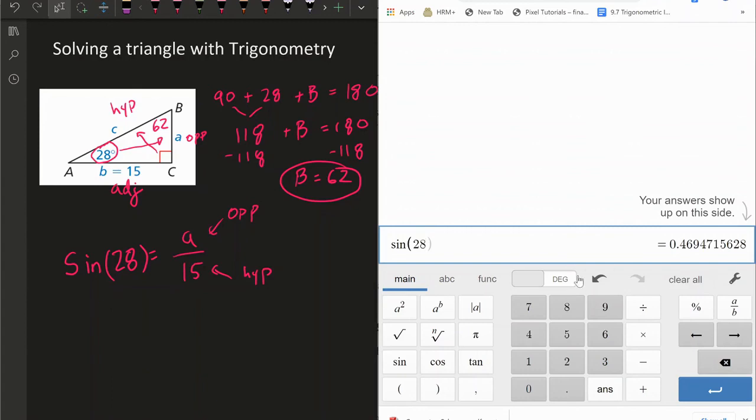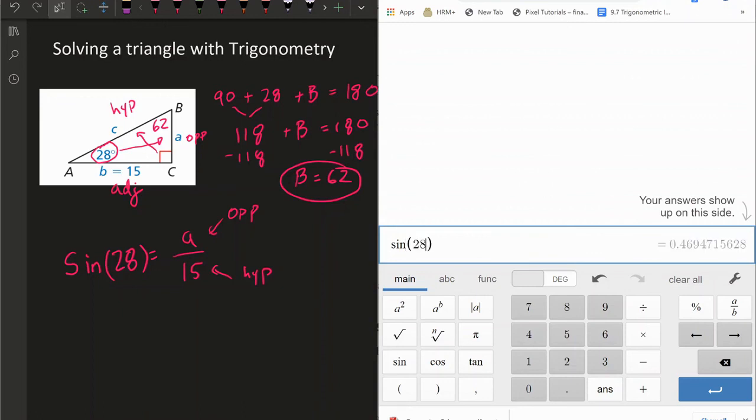If I'm ever not sure, I just remember that the sine of 90 degrees is 1, and I type in sine of 90 and I see that it is 1. If I end up getting 0.89399666636, then I know that I'm in radians. Sine of 90 is 1, sine of 0 is 0. Those are just quick references.